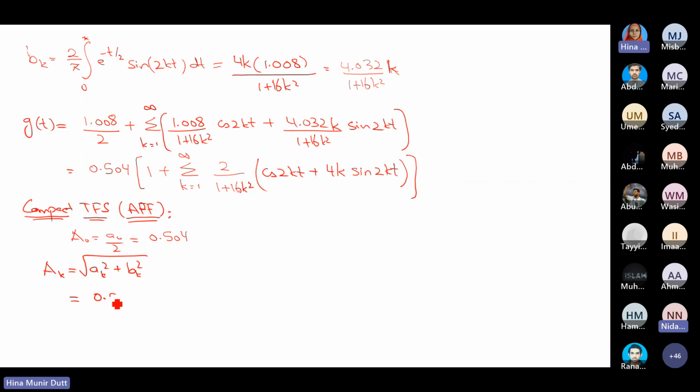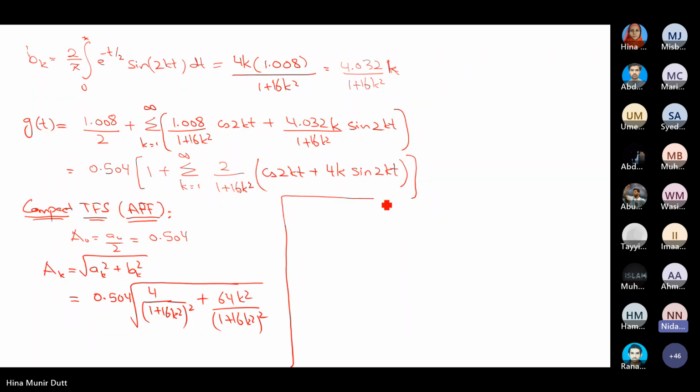I can take 0.504 common, 4 over 1 plus 16k square plus 64k square over 1 plus 16k square, this square.